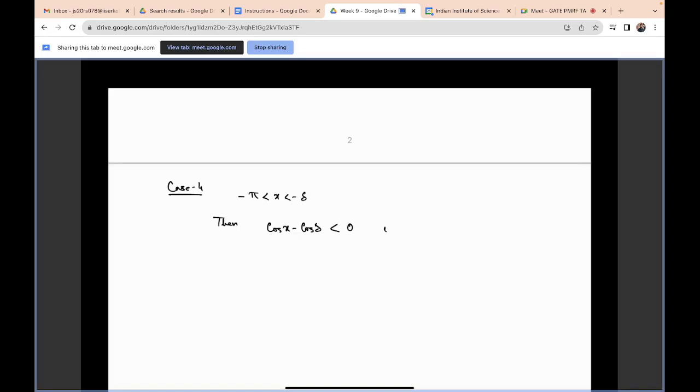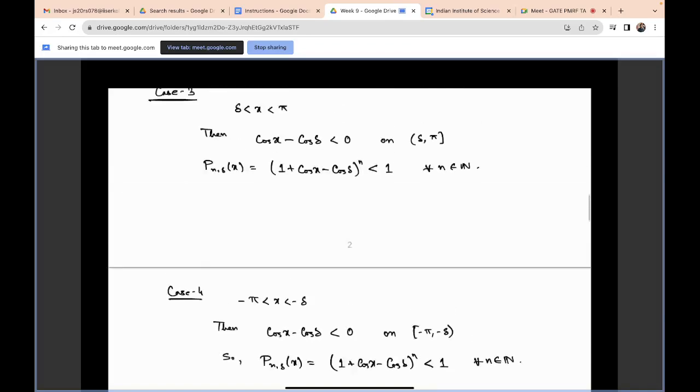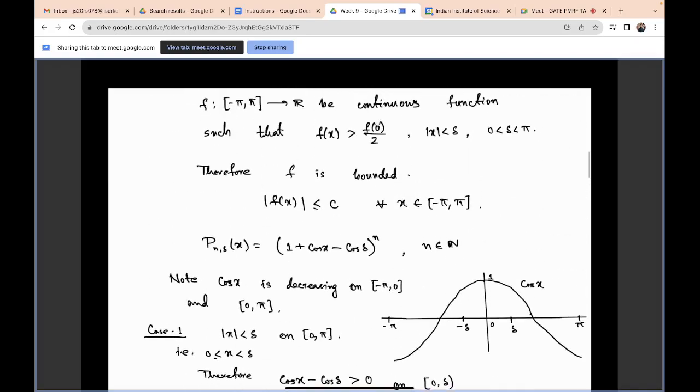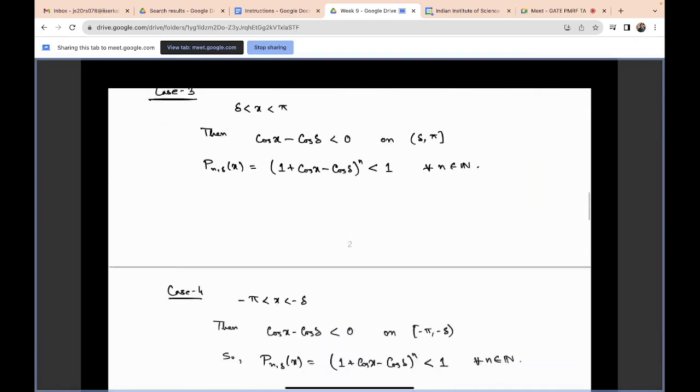So this is strictly less than 0 on minus pi to minus delta. So P_n,delta of x is (1 plus cos x minus cos delta) to the power n, which will again be less than 1 for all n belonging to natural numbers. So you get these 4 cases, and using these 4 cases we will solve this question.